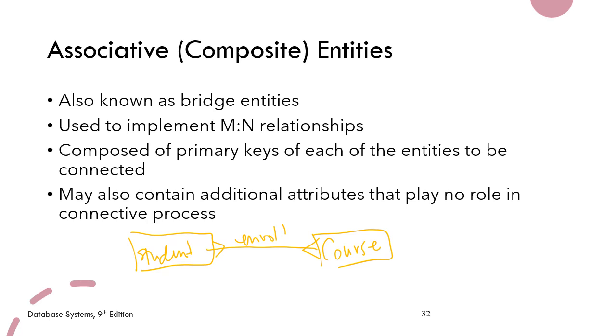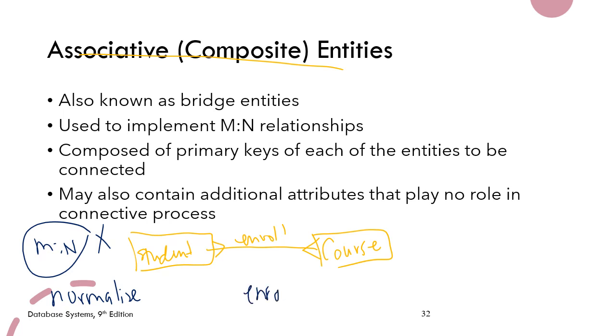So there comes the associative entity whenever we normalize this situation, because we do not want many-to-many. We do not want that. Then we upgrade the enroll to become an associative entity between course and student.